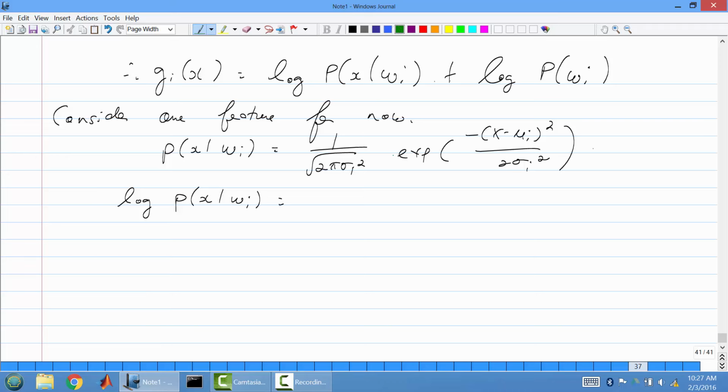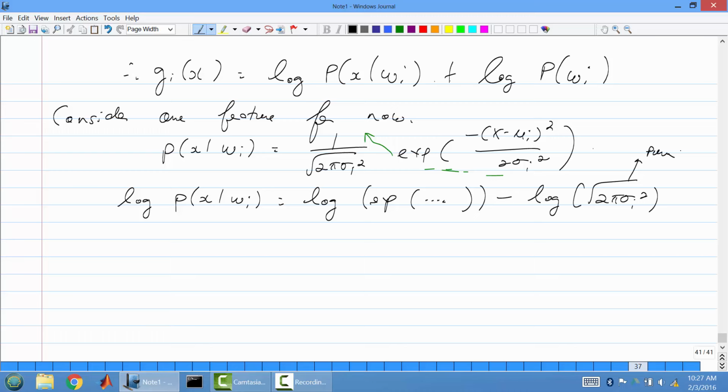Well, you can consider this as being multiplied up here. So I can take the log of this guy, and subtract the log over there. So you would do the log of the exponential of this stuff in here, and then subtract the log of this, which you consider as being to the power of a half.